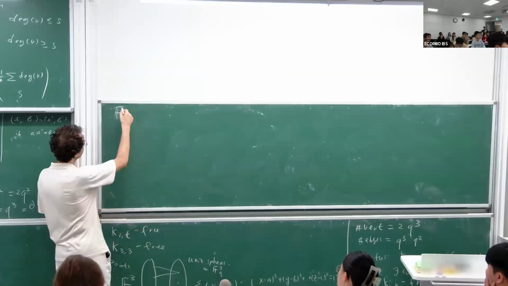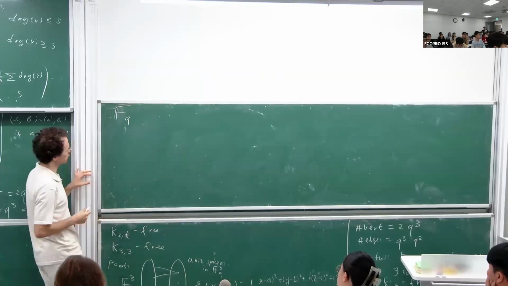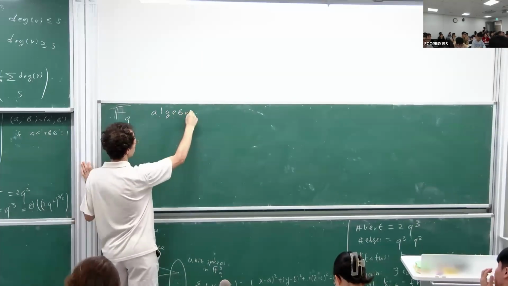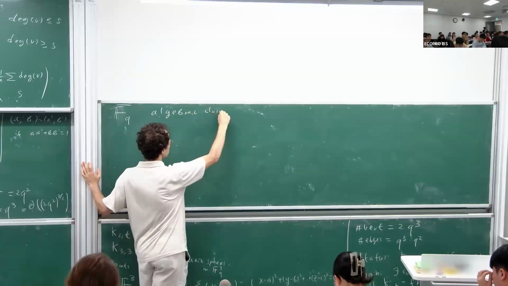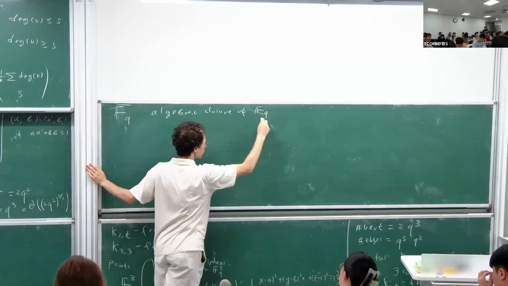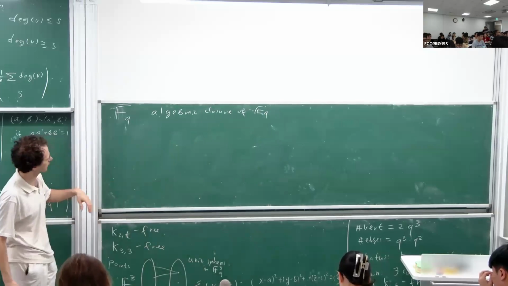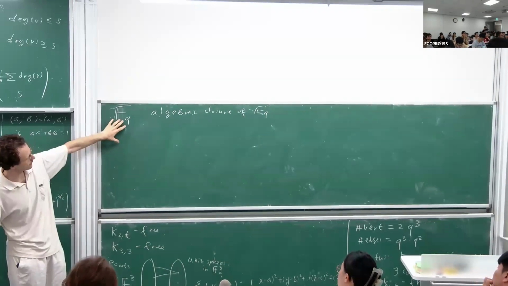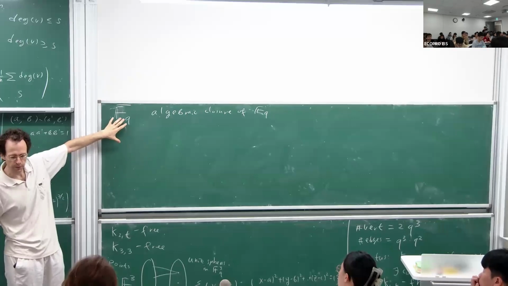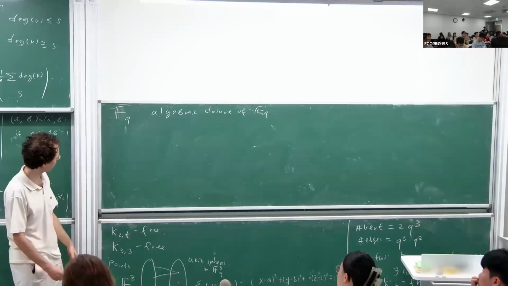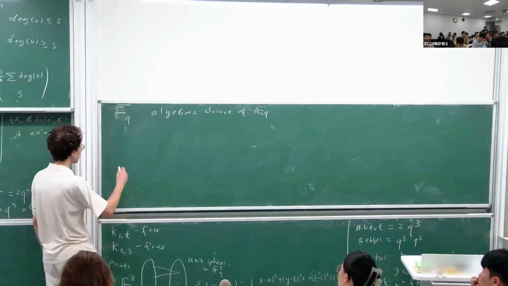It's very helpful to work over what's called the algebraic closure, in this case the algebraic closure of F_q. Formally speaking, the algebraic closure is defined as the smallest field containing F_q which contains the roots of all polynomial equations over F_q.